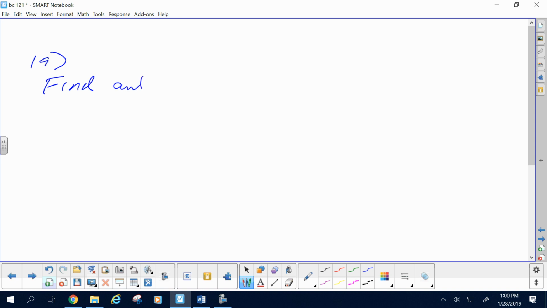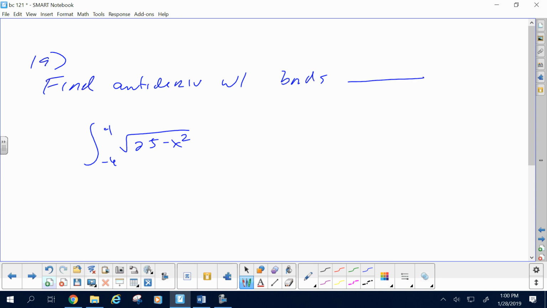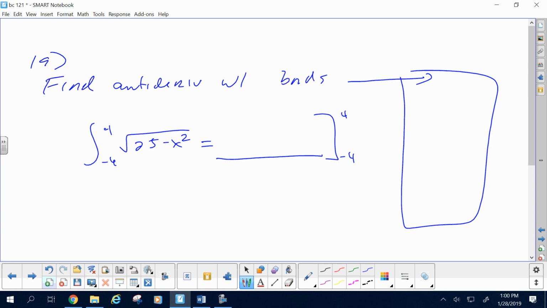Find the antiderivative without them, off to the side, and then you'd say, so this then is. With me? Yeah, that's the best way to deal with it. I definitely would work on the large scale.